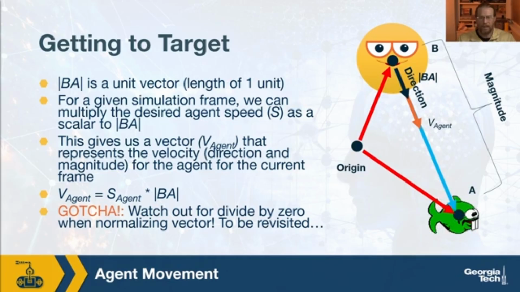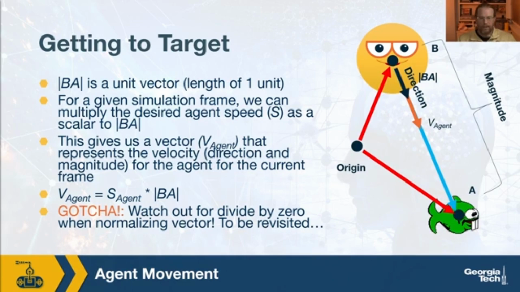This allows us, regardless of how far or close the agent is to the fish, to come up with a standardized resulting vector that is directed appropriately but has the right amount of movement that we want. So again, thinking about the update loop we've discussed for our video game, we want to be moving a constant amount every frame, assuming our frame rate is running at exactly, say, 30 frames per second. We want to move a certain amount down the length of BA every frame.